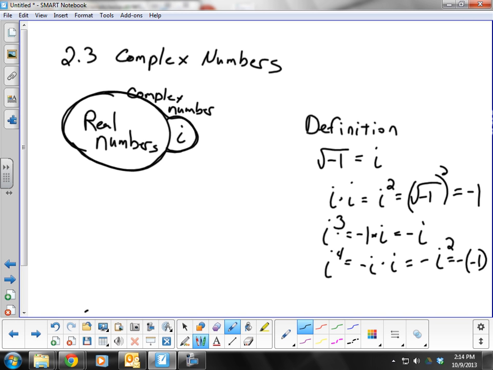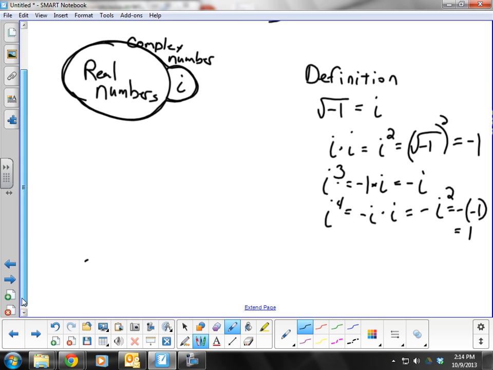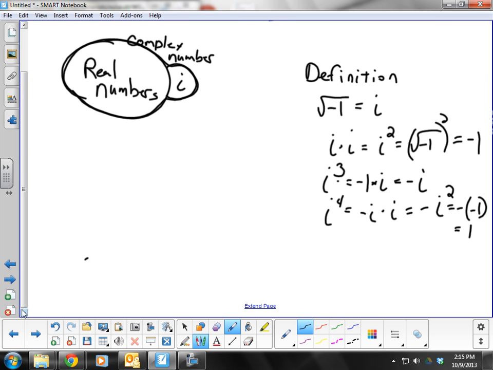So I've got the opposite of -1, which is +1. I'm sorry, what? No. Because i squared is -1 and i to the 4th is +1.